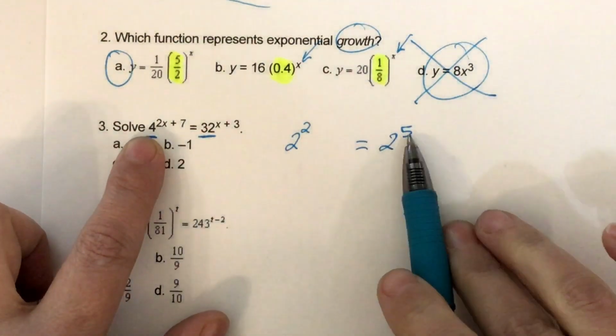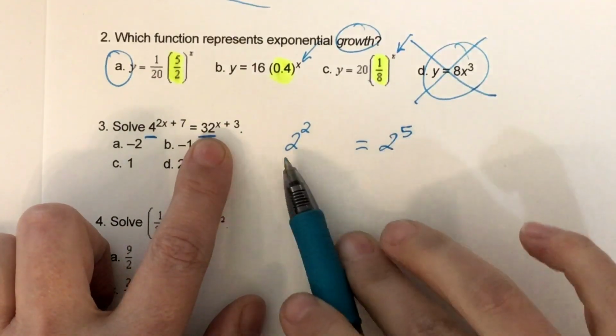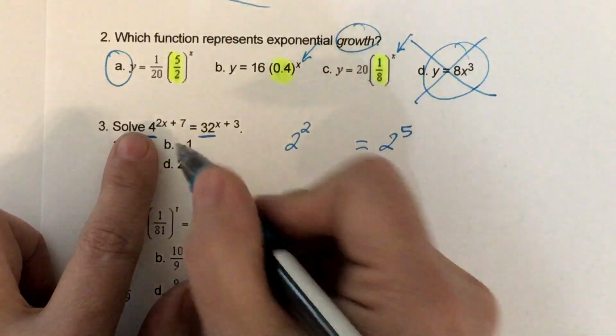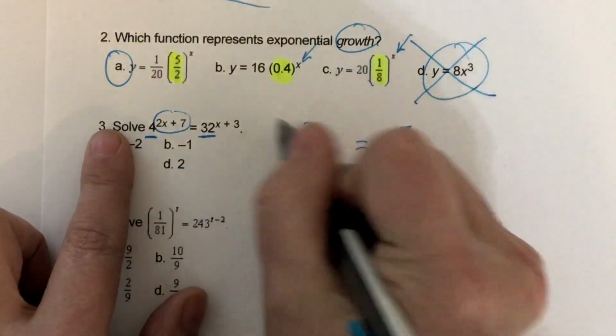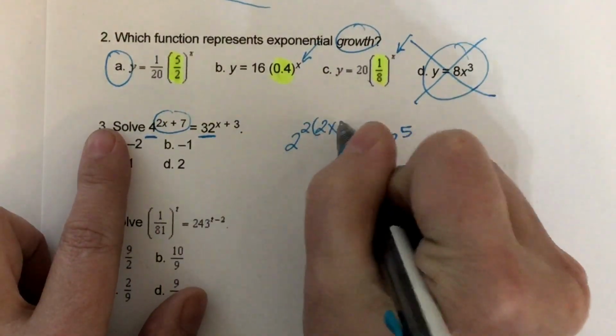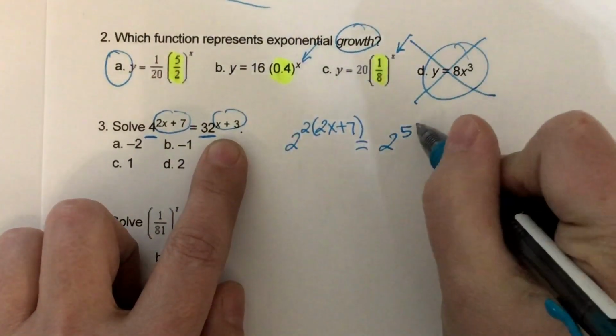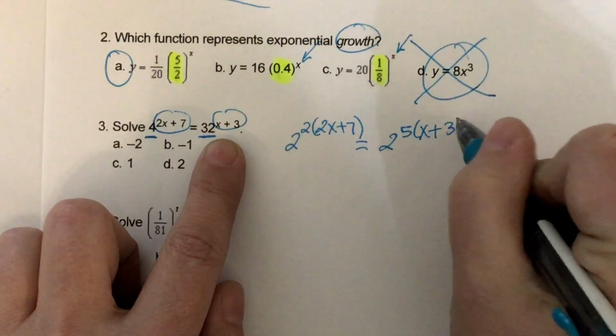So 2 to the 5th is the 32, and 2 squared is the 4. Now I'm going to recopy this exponent and put it in parentheses, and I'm going to recopy this exponent and put it in parentheses.